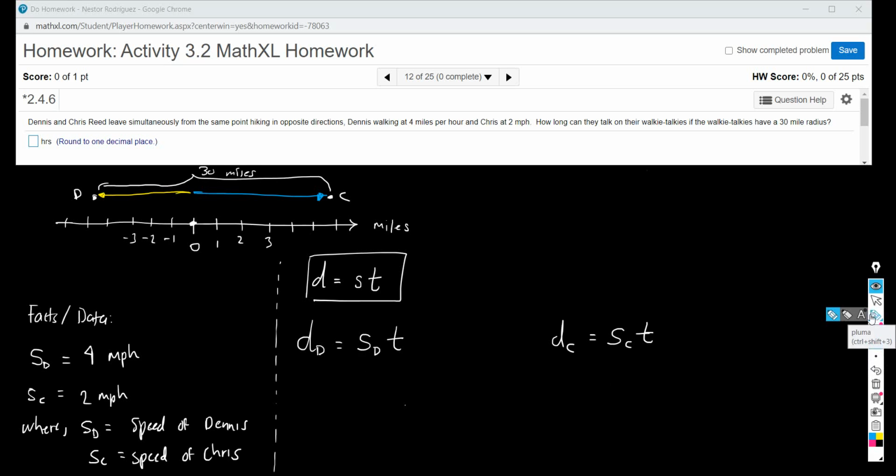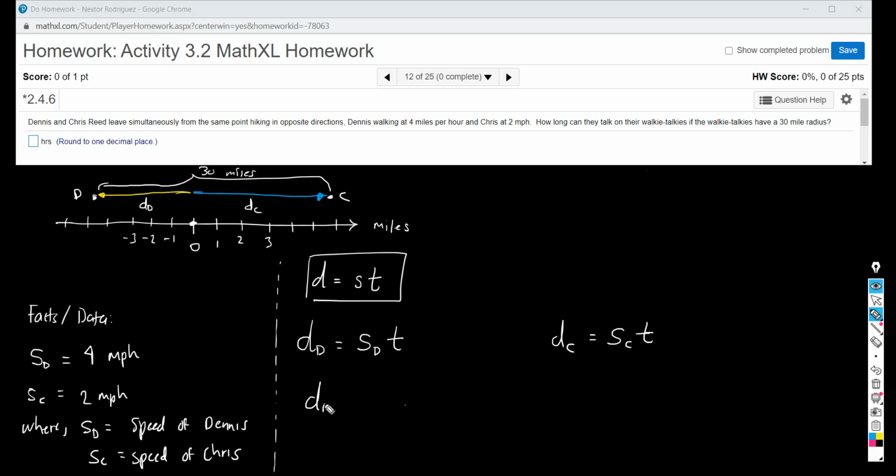Okay, now let's go back to the diagram. If you remember, at the point in which we have 30 miles in between those two people, what we're saying is that the distance walked by Dennis, which is this yellow segment, and the distance walked by Chris, which is the blue segment, the addition will be equal to 30. So I'm going to write that as an equation.